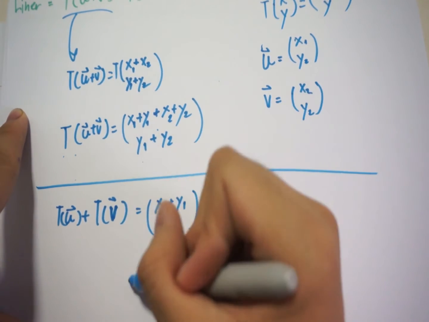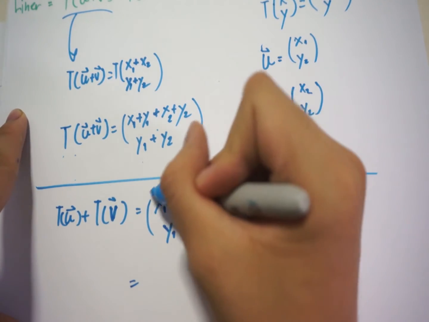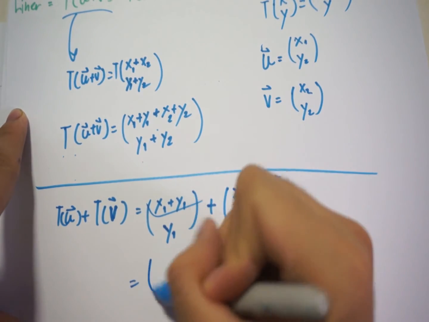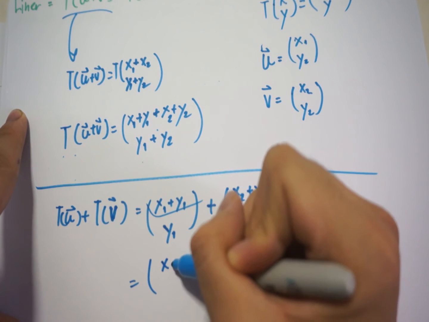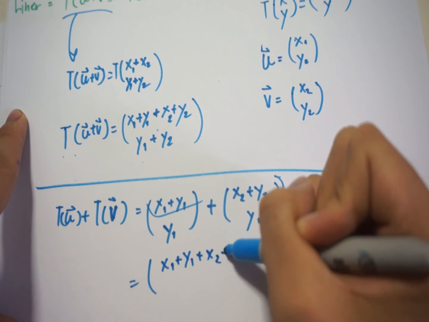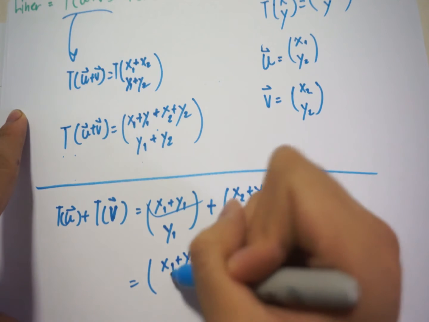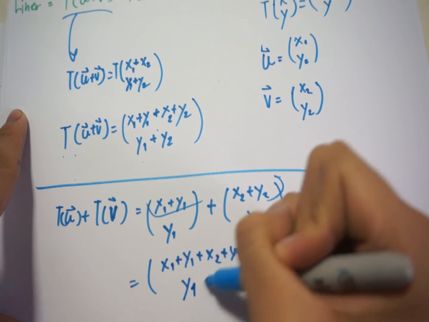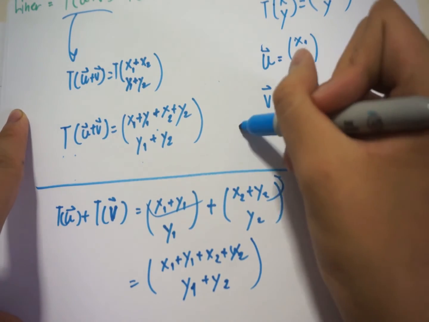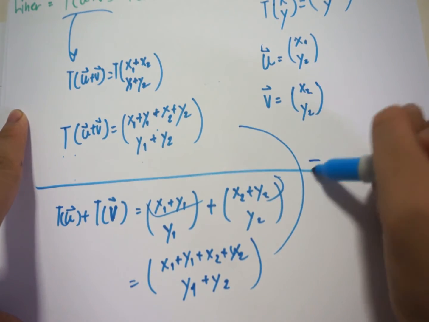We're going to add them together, and remember, we're adding sections only, so we're going to have x1 plus y1 plus x2 plus y2, and then y1 plus y2, and what do you know, it's the same.